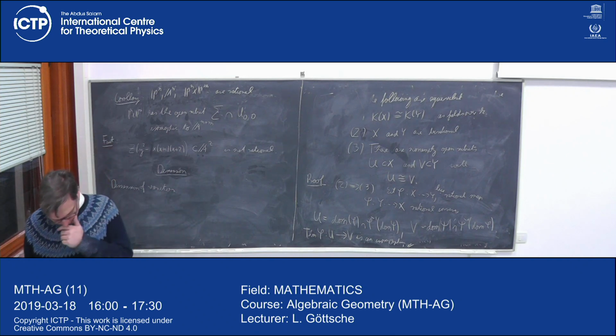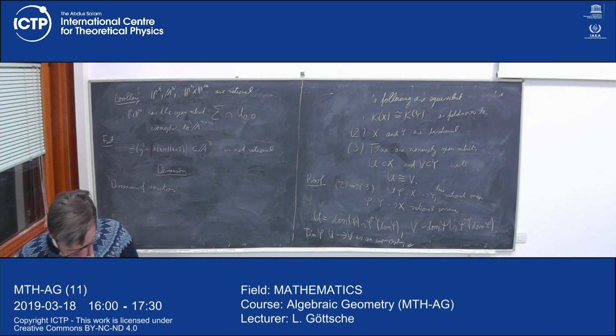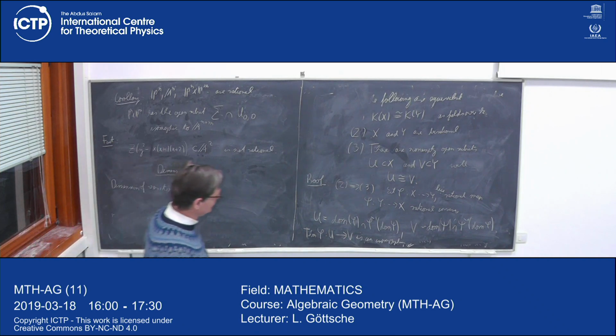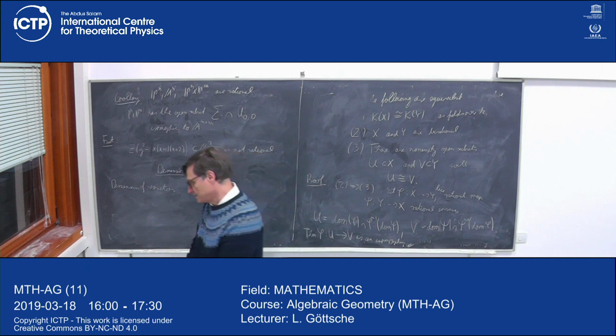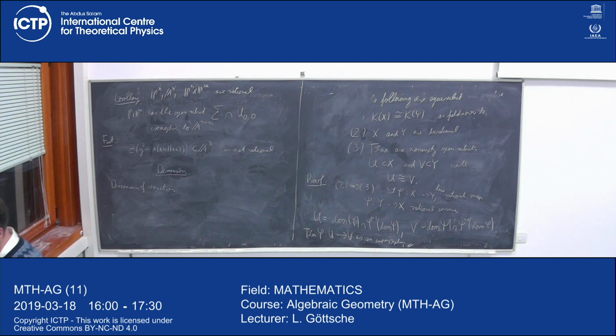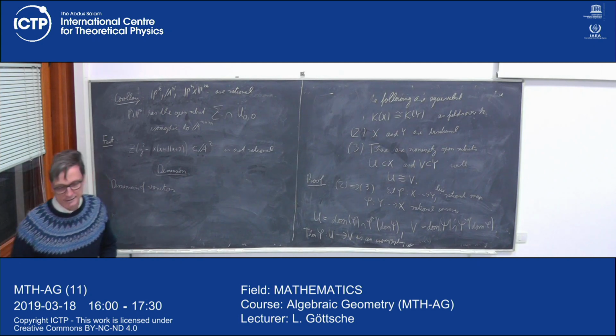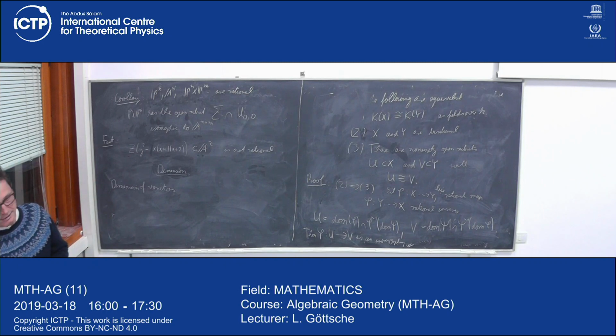Every variety has a number associated to it, which is the dimension, and somehow it should follow our intuition of what dimension is. One thing that it should have, which we are not going to prove, but which is true, is that if you have a non-singular variety over the complex numbers, it is a complex manifold, and the dimension that you associate to it will be its dimension as a complex manifold, like you learned in differential geometry.